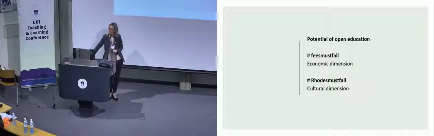And then also the Roads Must Fall call, which is a cultural dimension. So what we want to do through open education is to in fact rewrite many of the textbooks and many of the resources with a local voice. And those are the two potential aspects I'd like to thread through this discussion.